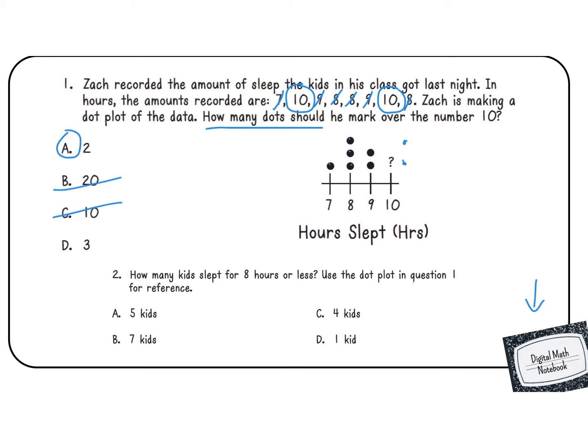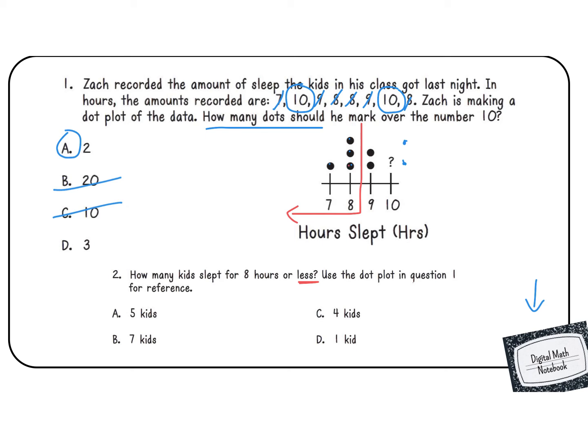Question number 2 says how many kids slept for 8 hours or less? A question like this is telling us to look at the amounts this way, because 8 hours is okay and less than 8 hours is okay, but more than 8 hours is not. We want to count the amount of kids, so that would be the amount of dots.